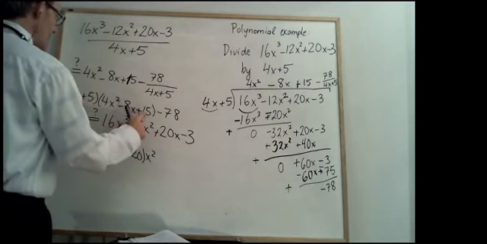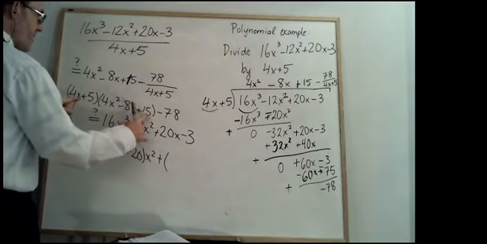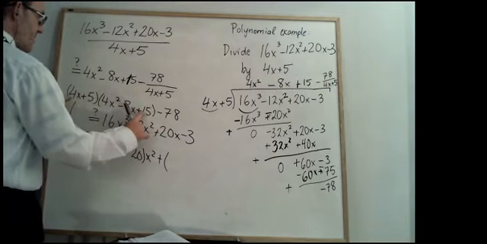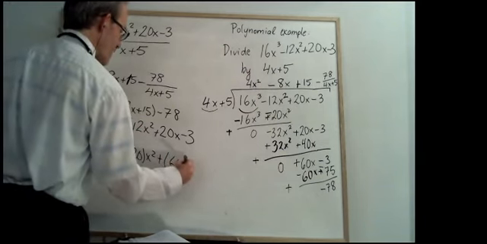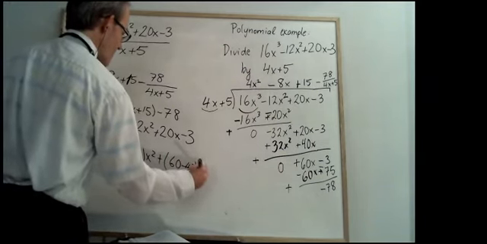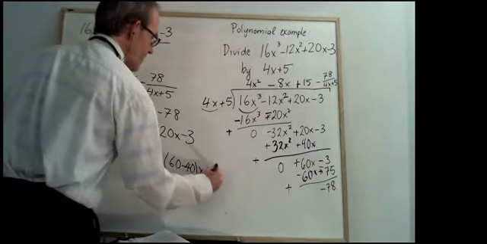Then I look at the x term, and the two terms which I look at are these two. So 60x and minus 40x. And then finally, 5 times 15 is plus 75.